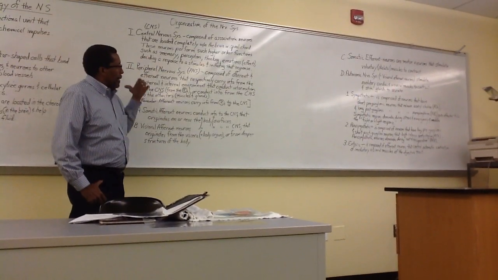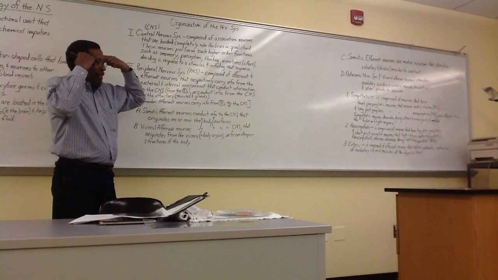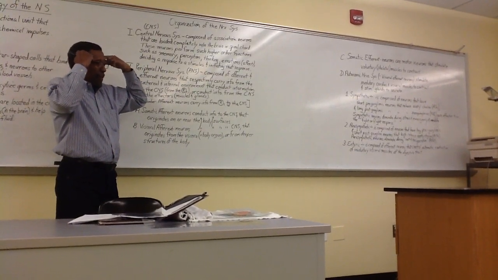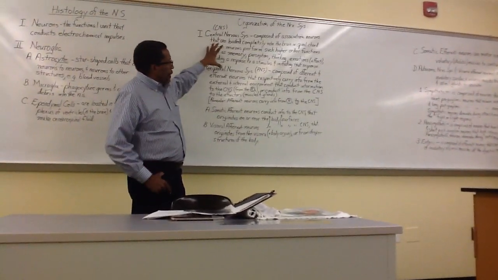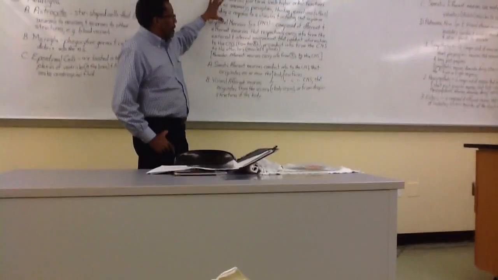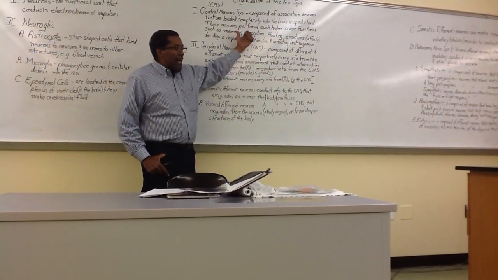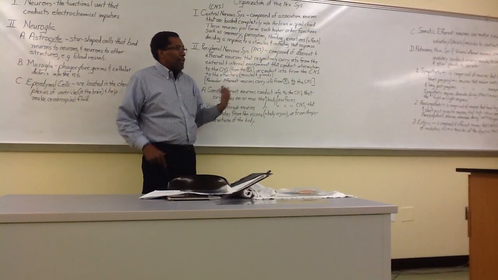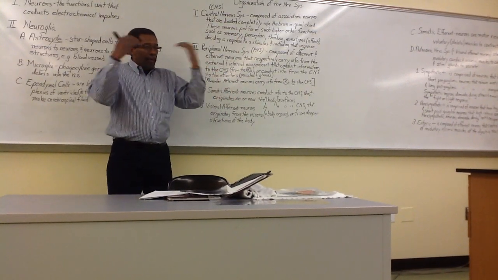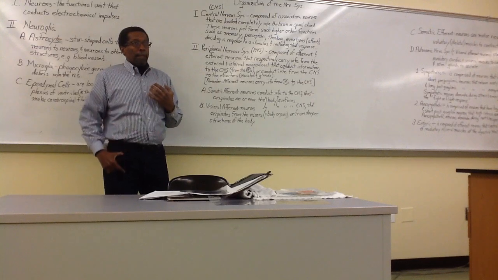And with all that processing, the brain is the central processing unit of the computer. The brain does all of that processing. It decides upon an action to be taken on the incoming information.